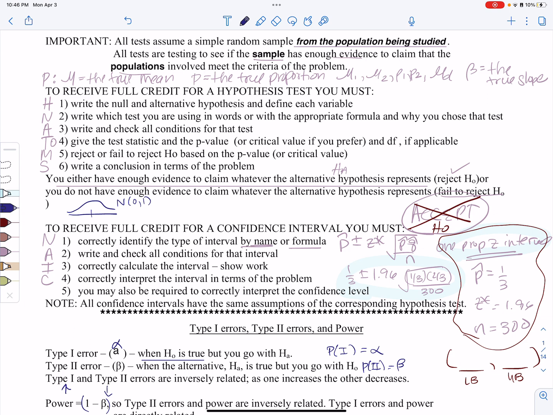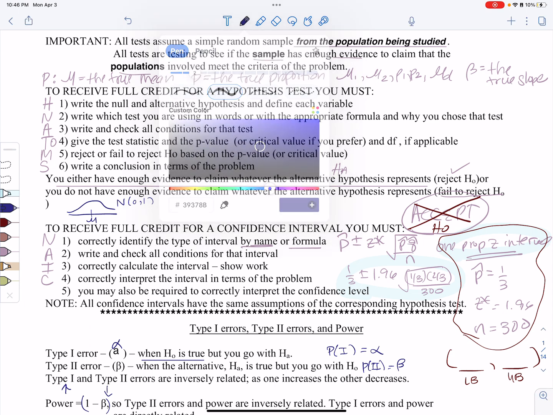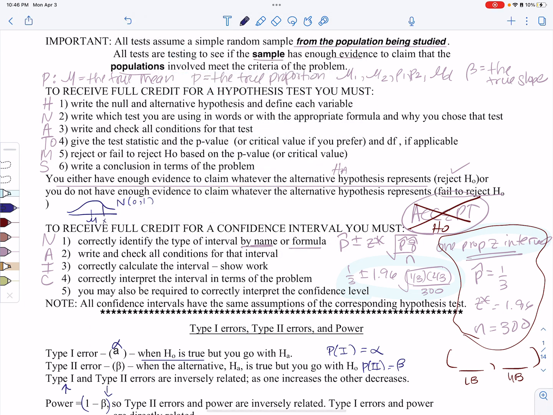Once I standardize, the center is 0 and 1, and we're making it 0 and 1 for all of our normal models, which is fine. But really what's happening is mu is my center, and I'm testing my x bar to see if it's significant, to see if it's unusual or not.